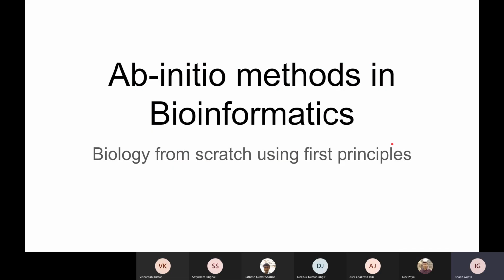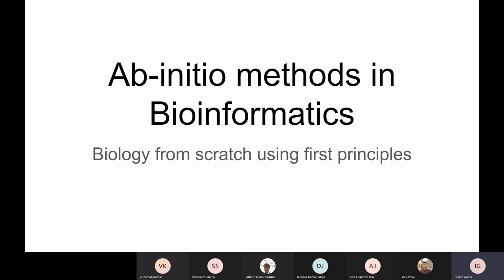biology using first principles. So this set of methods are called ab initio methods. Ab initio is a Greek phrase which essentially suggests that you are starting from scratch, using some basic ideas about biochemistry and biophysics, or some basic design principles, to figure out some problems in biology.